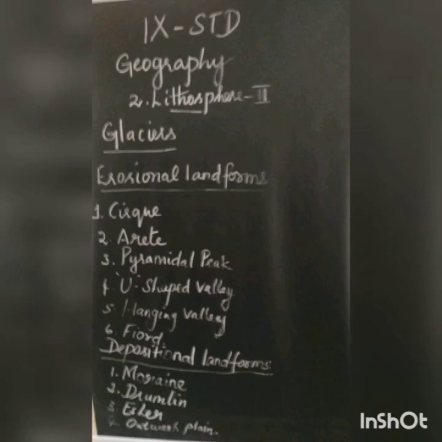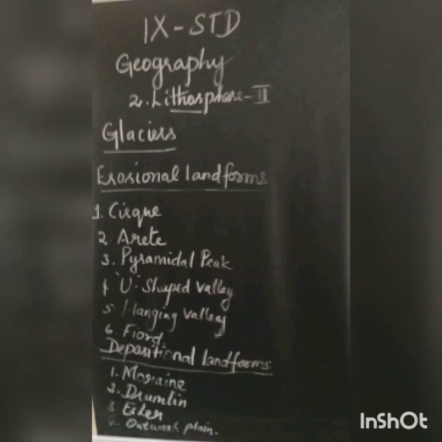Next, drumlin looks like a basket of egg topography. Drumlins are deposits of glacier moraines that resemble giant inverted teaspoons or half-cut eggs. Looks like half-cut eggs. Next, esker.